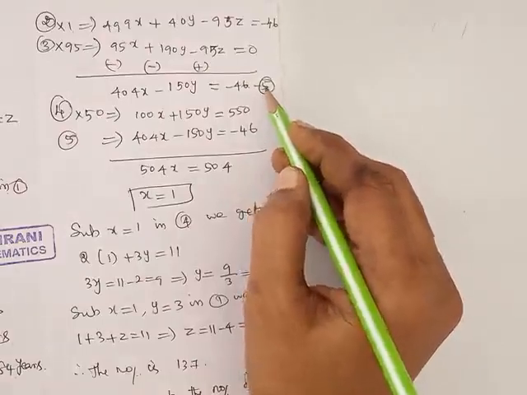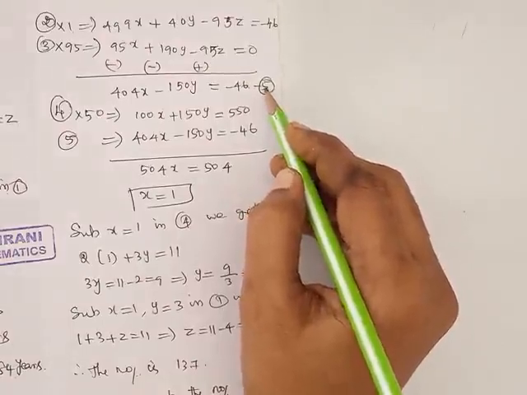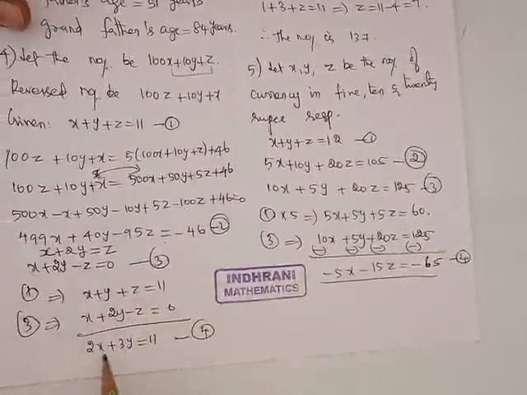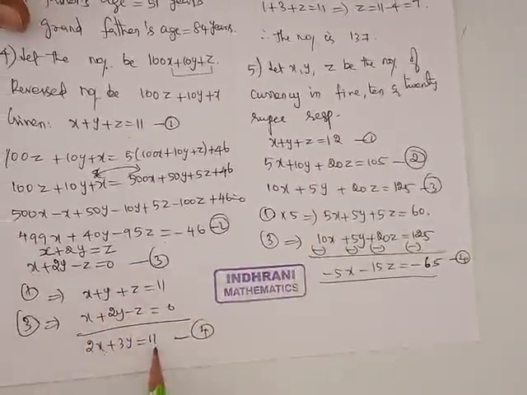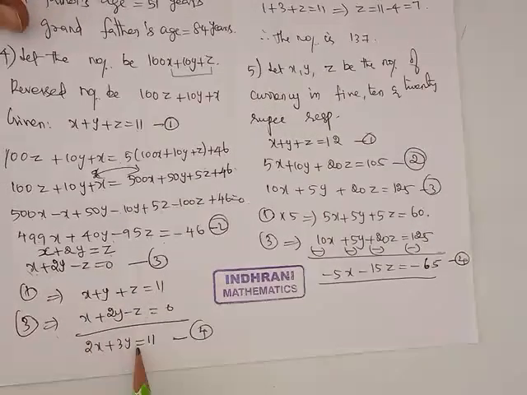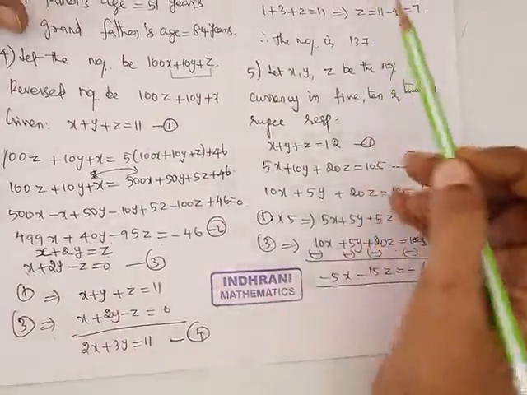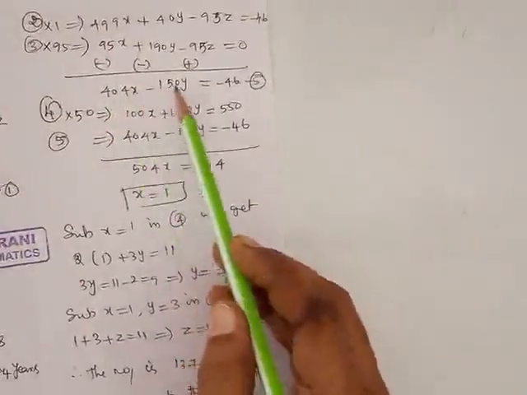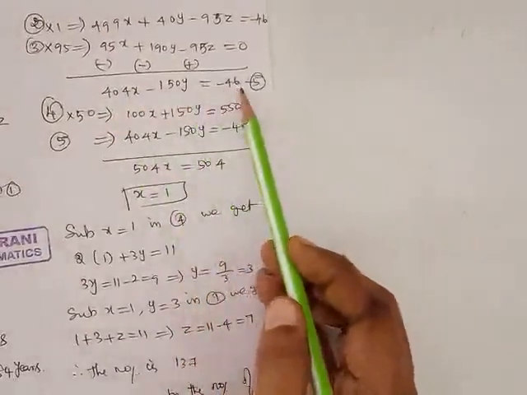Now I am going to solve equations 4 and 5. What is your equation number 4? Equation number 4 is 2x plus 3y equal to 11. Equation number 5 is 404x minus 150y equal to minus 46.